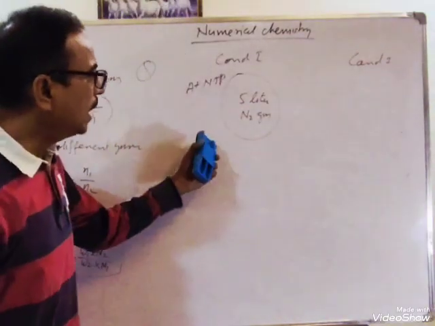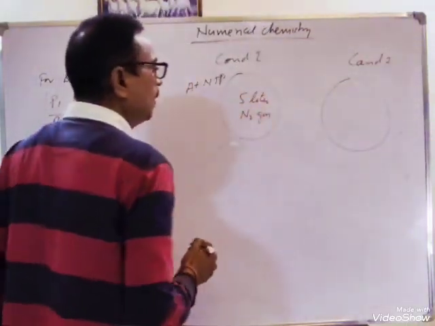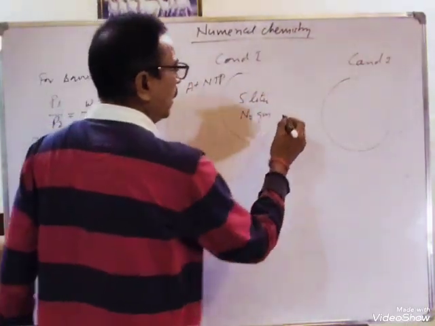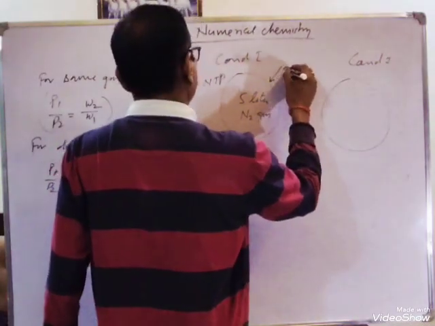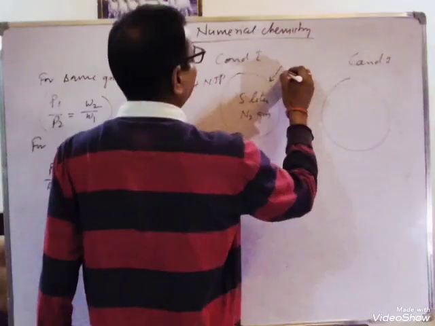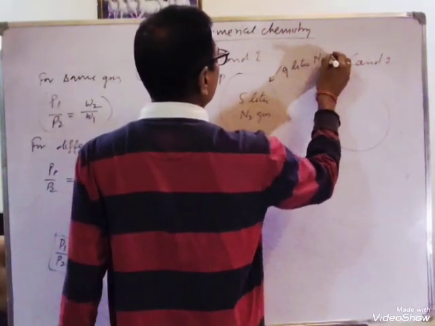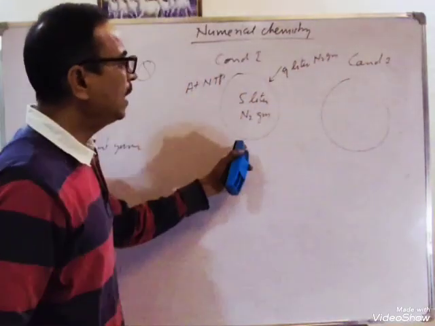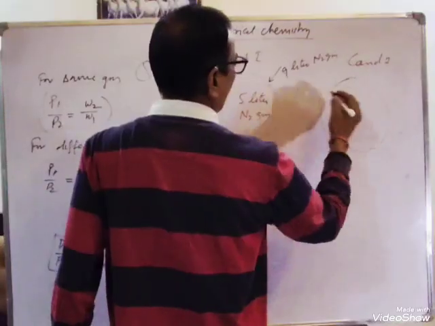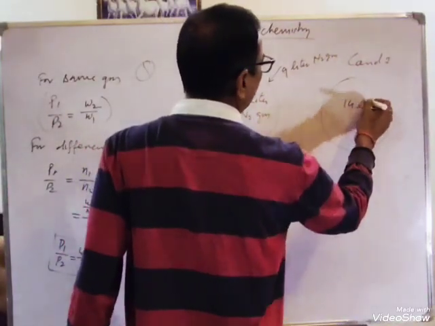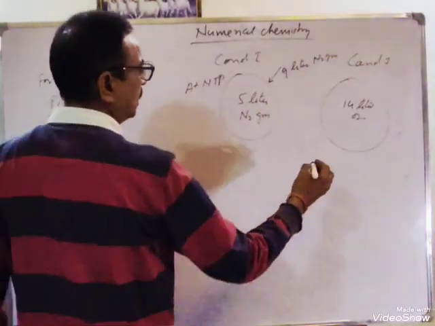What will be the new volume if we add 9 liter nitrogen gas? We add 9 liter. So now the total volume is 5 plus 9, 14 liter nitrogen. So what will be the new pressure?